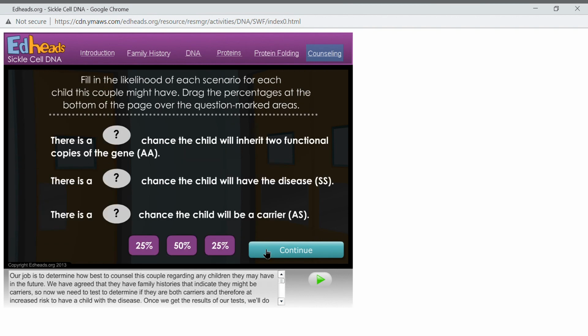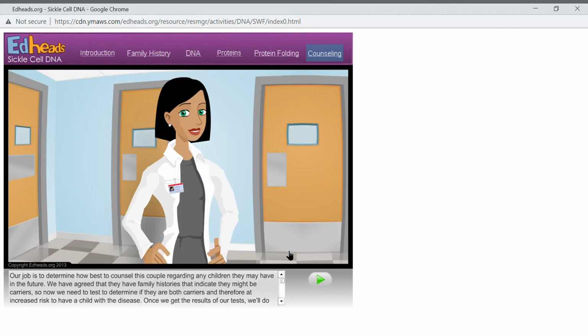Fill in the likelihood of each scenario for each child this couple might have. Okay, now we know what the likelihood is for a child of this couple to have the disease, to carry it, or to inherit 2 working copies of the gene.